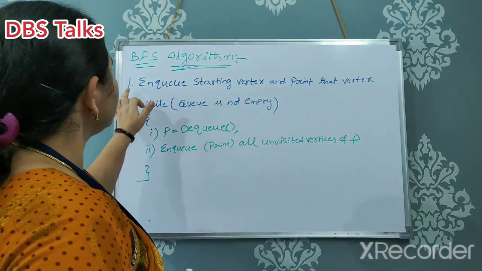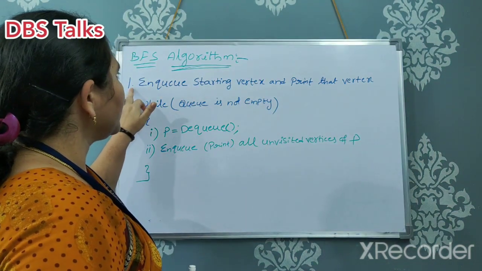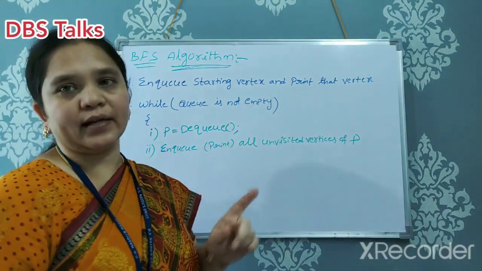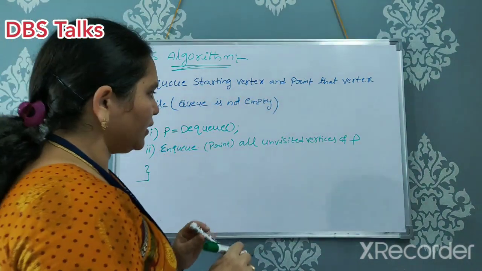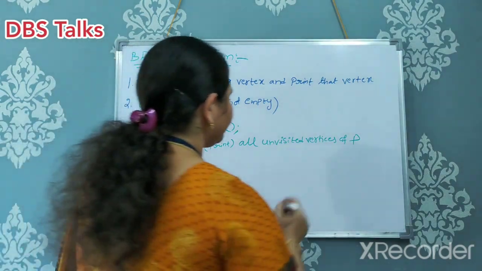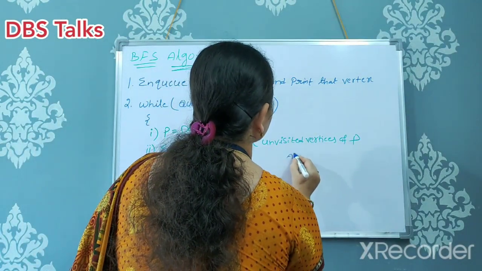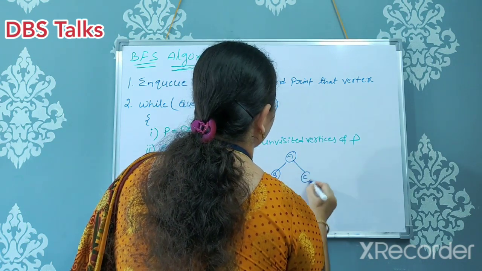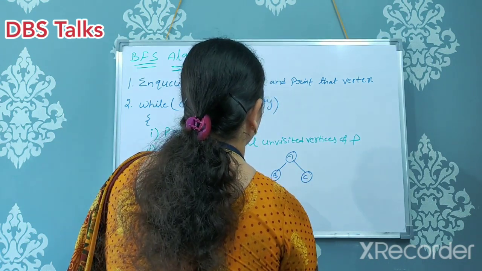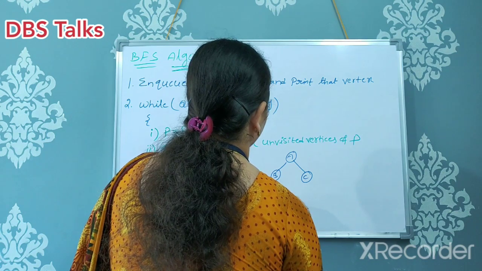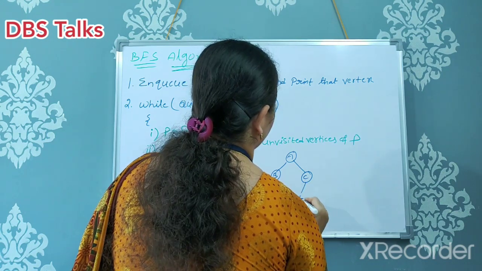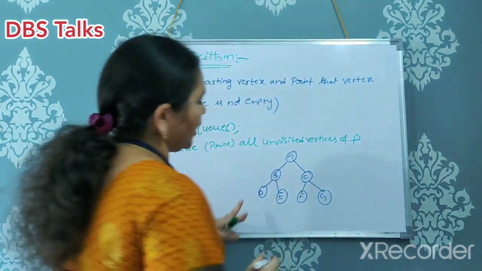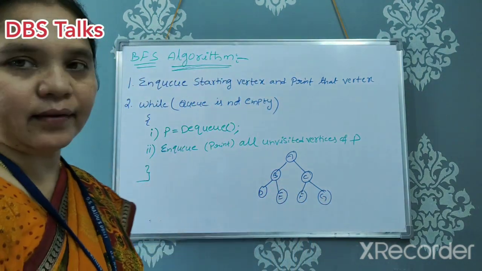The first point is NQ the starting vertex and print that vertex. Suppose I am taking a small example, a binary tree.